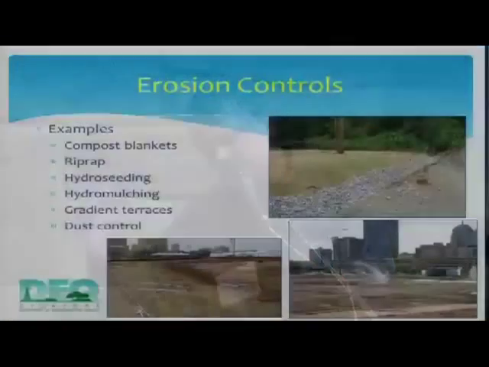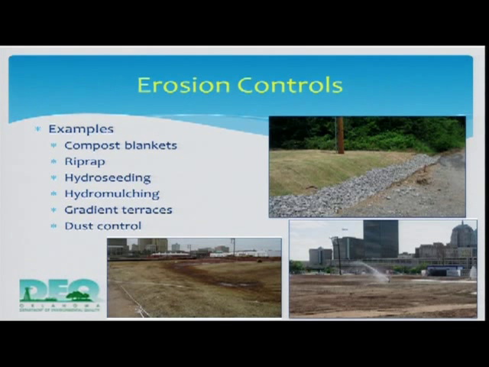But if it's modified in any form or fashion, like a hydroxyethyl cellulose, those things don't break down as fast. Or xanthan gum, which would probably be fairly expensive, but it will last forever. Compost blankets, riprap, hydroseeding, hydromulching, all these things are different types of erosion controls that are available to you.